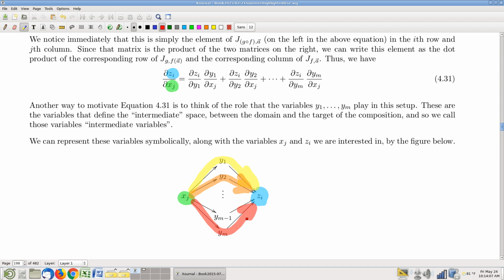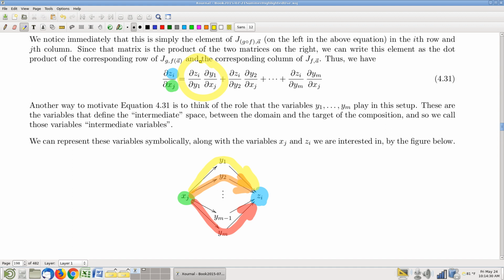And then subsequent to that factor, there is a follow-up factor, namely per y1 change, how much is the zi change. So this yellow path is a product of two factors. And that product of two factors you can see right here.